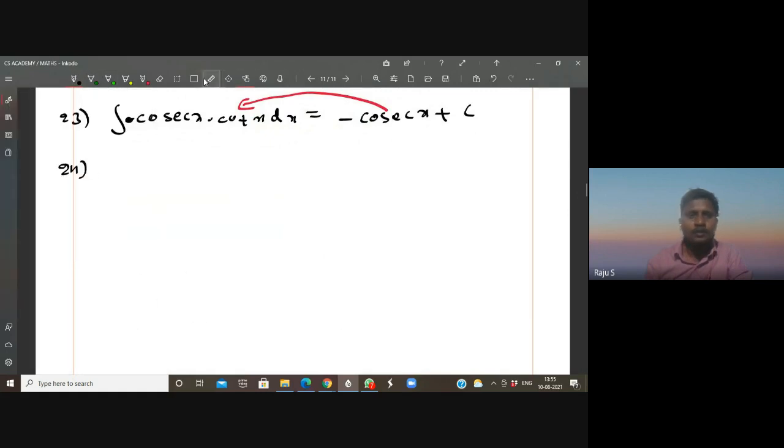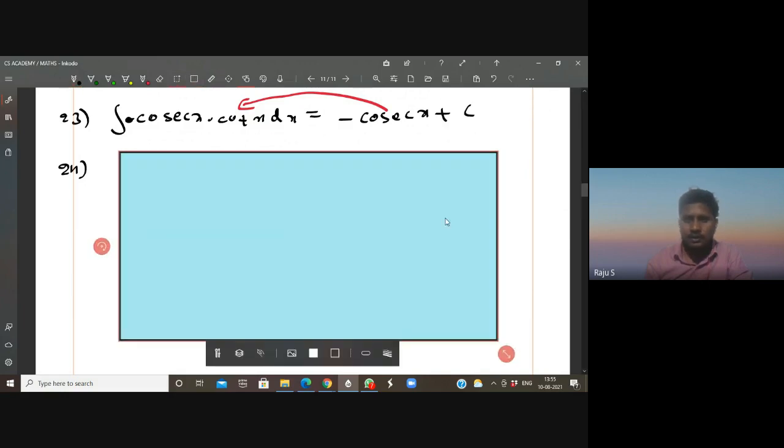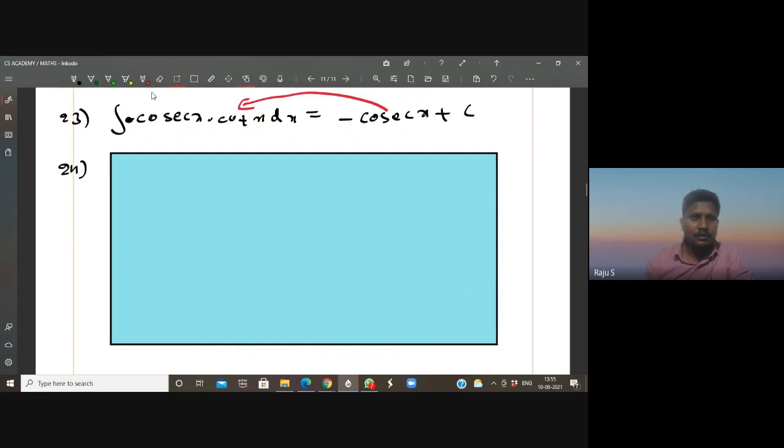I'm going to write a few important formulas here. These are the very important formulas you have to remember.